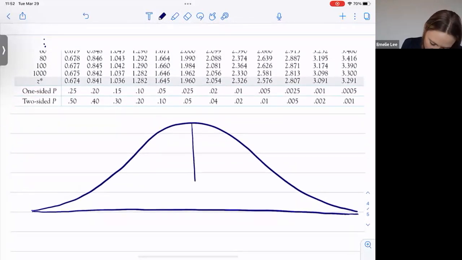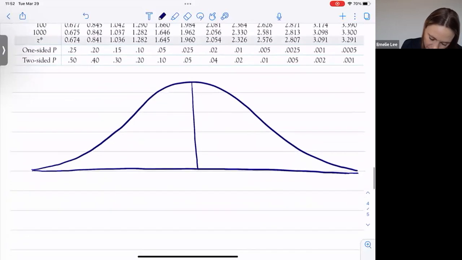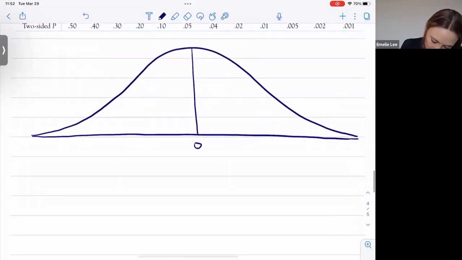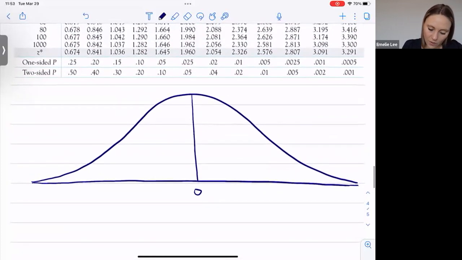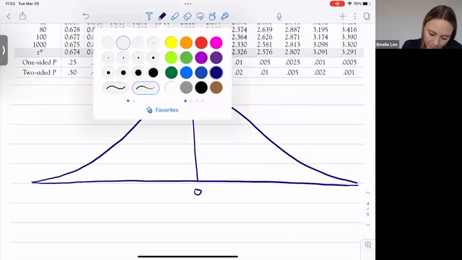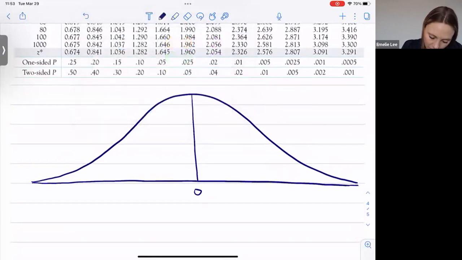Of course, it's centered on 0. Z is centered on 0, and same with T. Let's do green. So we'll start here.